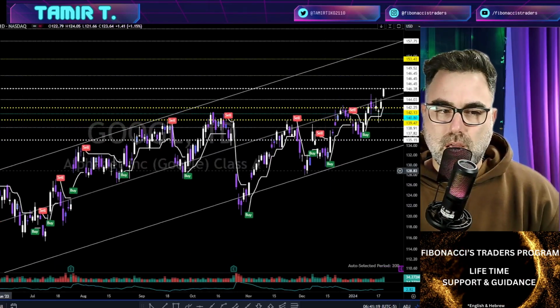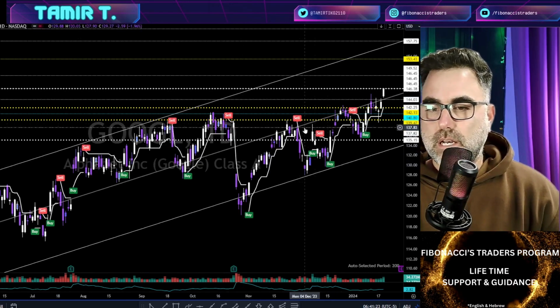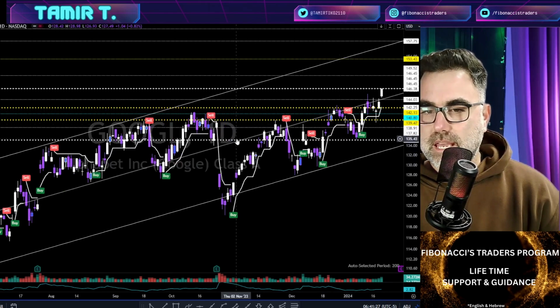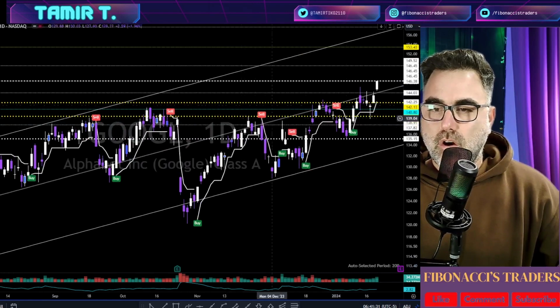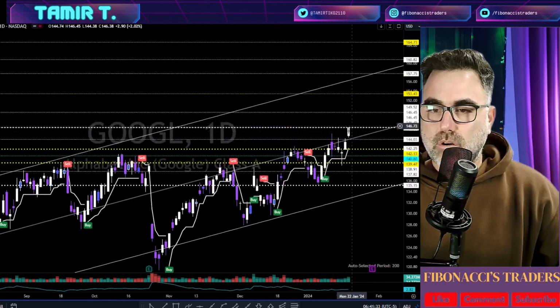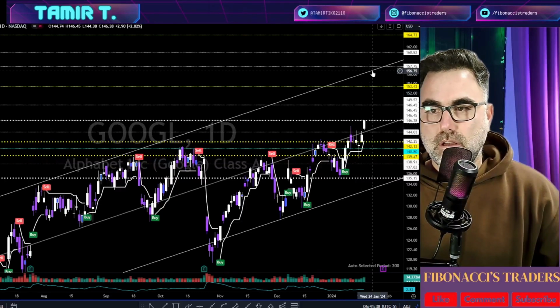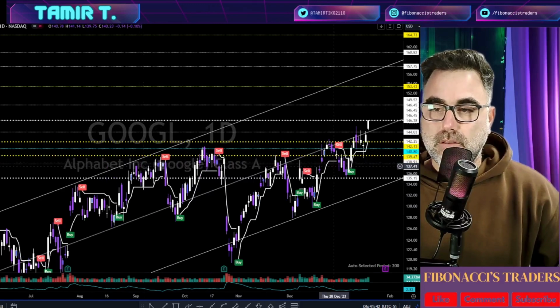Every time the price of Google reached the upper trend line or even this trend line, we got ourselves a sell signal because it failed to close above. Now we did not get the sell signal on this trend line. Why? Because Google closed above it. Next, 156, and then high probability we will get a sell signal.